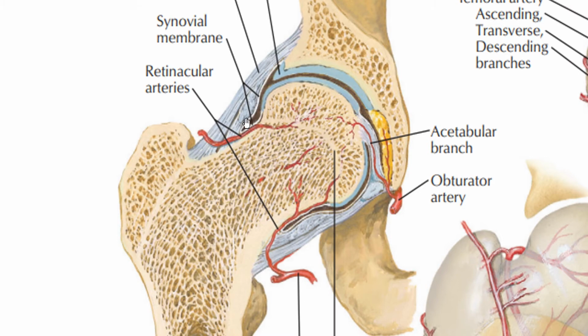This synovial layer reflects along the neck of the femur, and then moves further and attaches itself to the acetabular margin. And the arteries passing beneath this synovial layer, the retinacula, are called retinacular arteries.